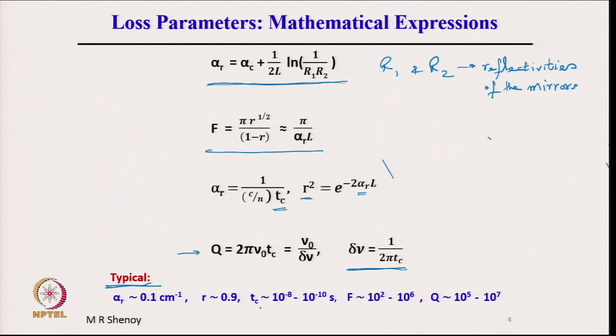Tc, the cavity lifetime, depends on the losses in the resonator. F, the finesse, could be anywhere from a few hundreds to a million. Similarly, Q, the quality factor, could also be of the order of a million for high finesse resonators.